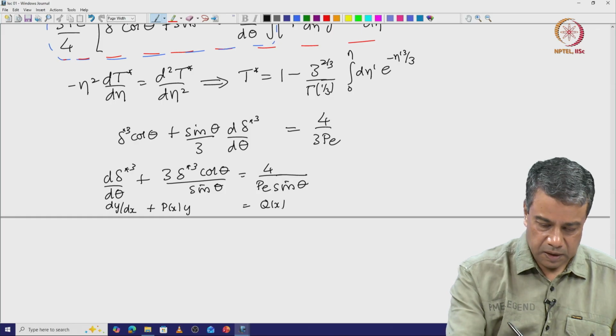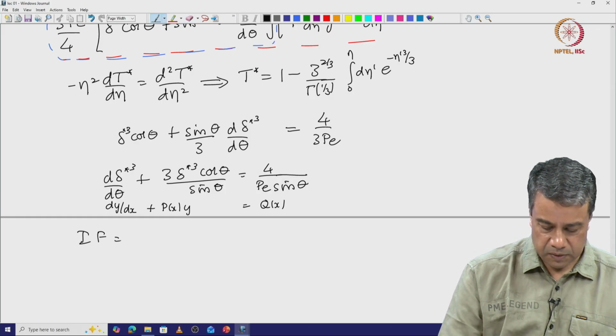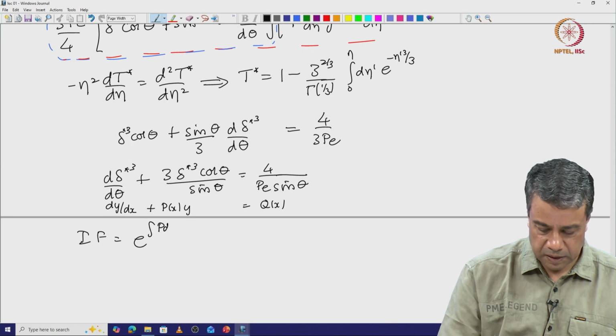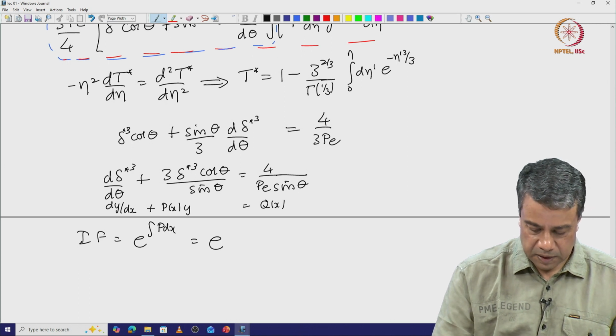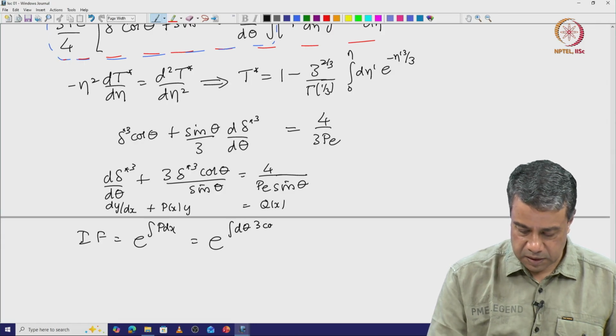The integrating factor is equal to e power integral p dx, which is equal to e power integral d theta into 3 cos theta by sin theta.